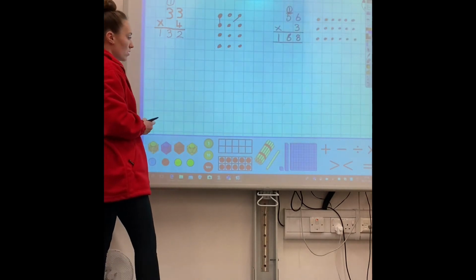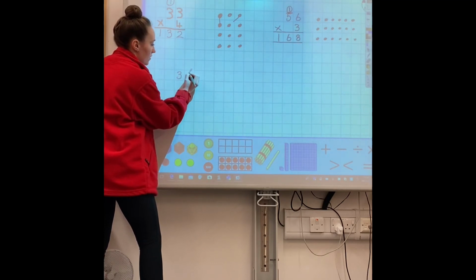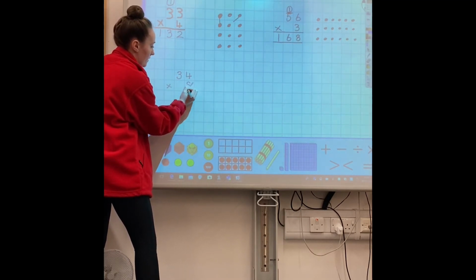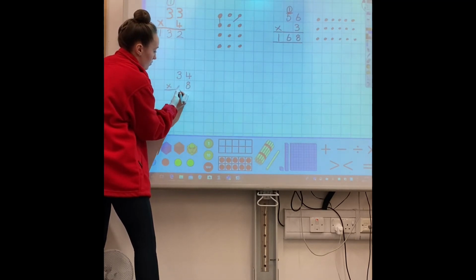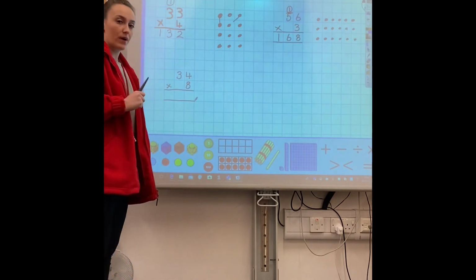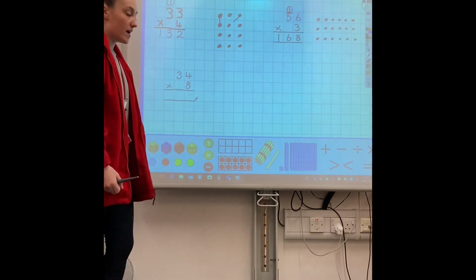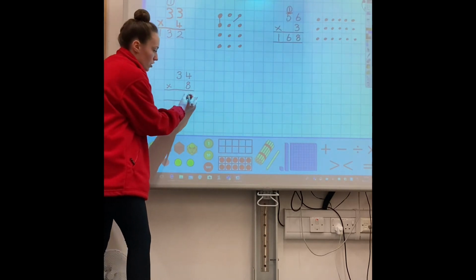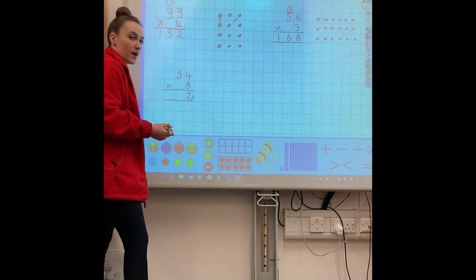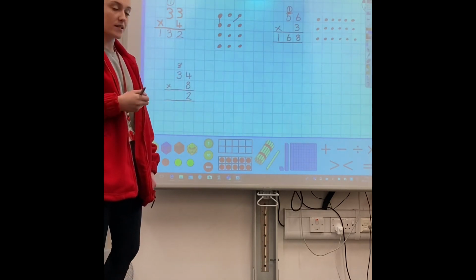Try one more. So we will do 34 times 8. Again, you can use your 4 times table or your 8 times table, looking back at those number lines. So I know that 4 times 8 would be 32. I'm going to put my 2 in my ones column, and carry over 3 tens because 4 times 8 is 32.